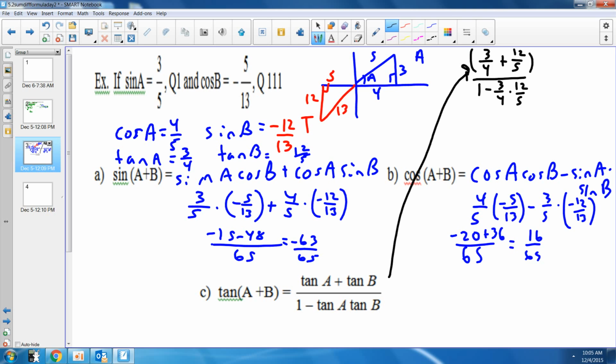Common denominator is going to be 20 and 20. And when you distribute through, 4 goes into 20 five times, that's 15. 4 times 12, 48. 20 minus 36. Again, the 20 cancels with the 20. You have to distribute it to both, but the 20s would cancel out. So that means that this is going to be 63 over negative 16. And be careful with those values. So these are your answers to those sum expressions.